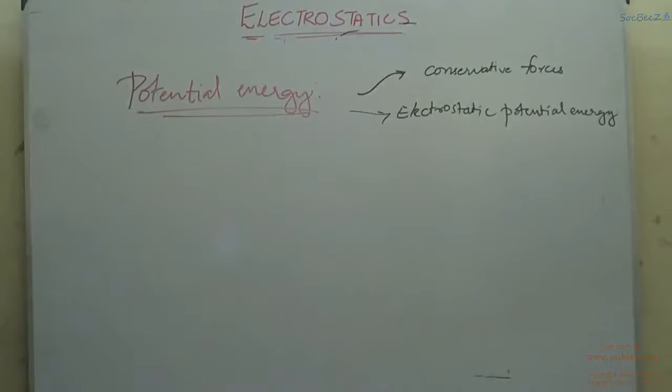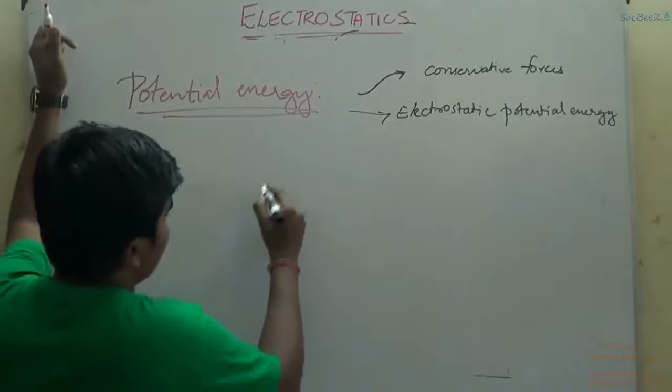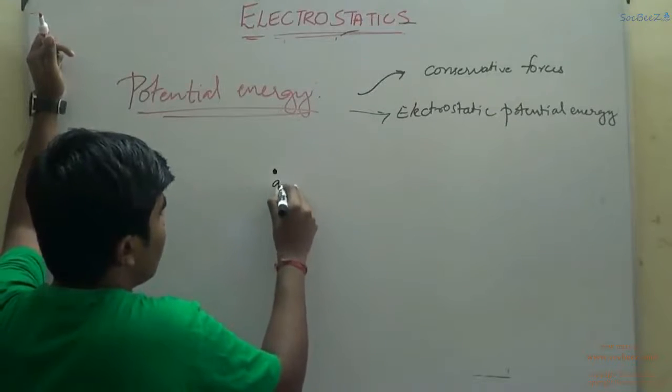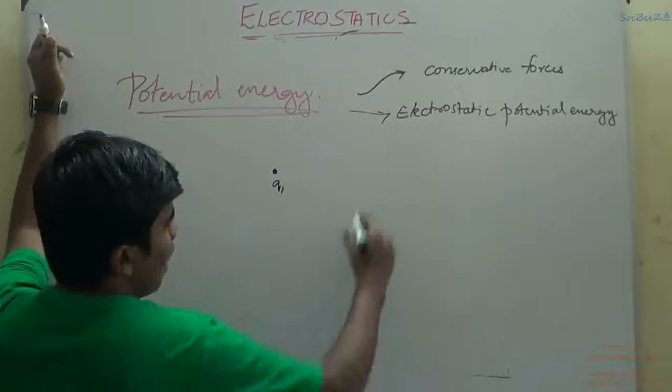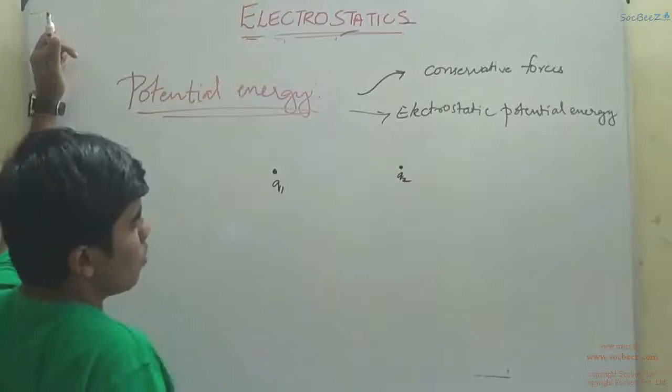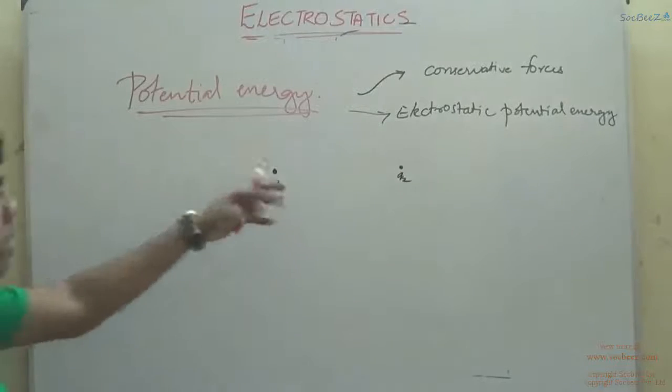See, the electrostatic potential energy means, suppose there is a charge Q1 present here and there is a charge Q2 present here, right? So, how did they come?